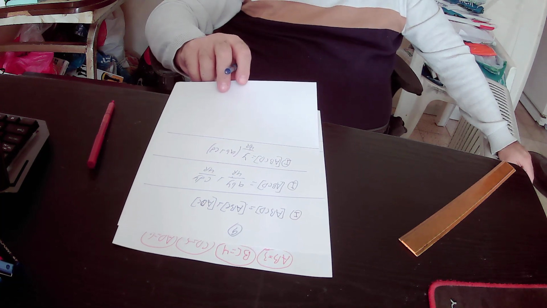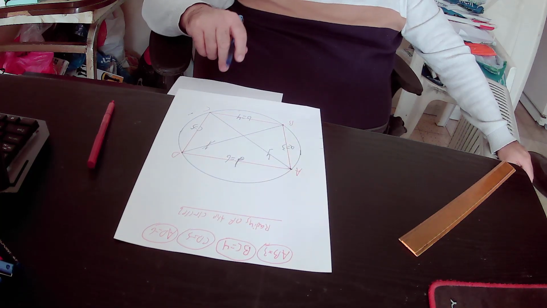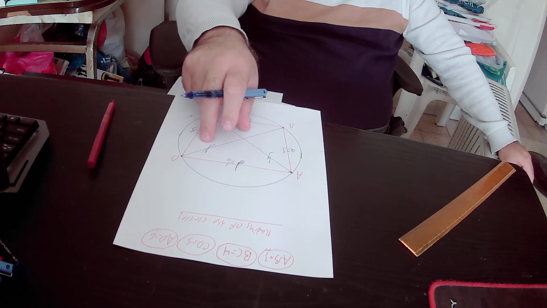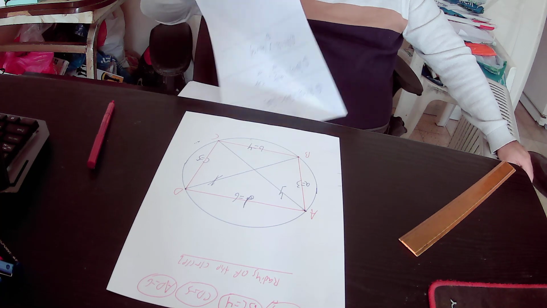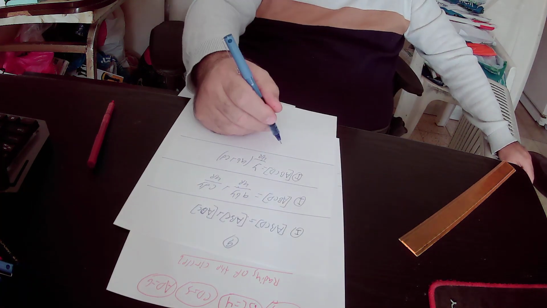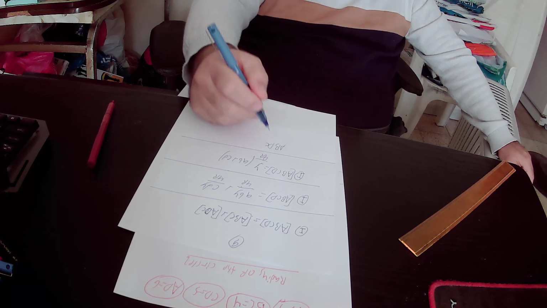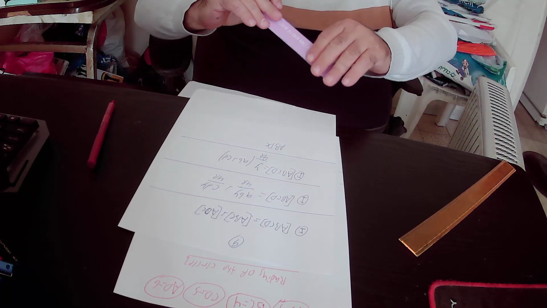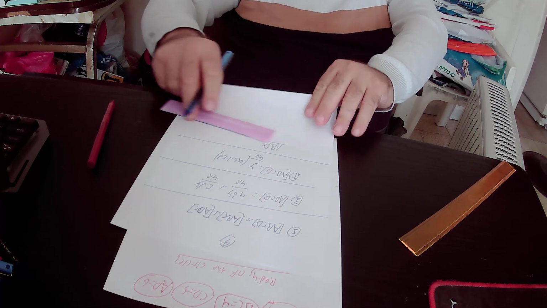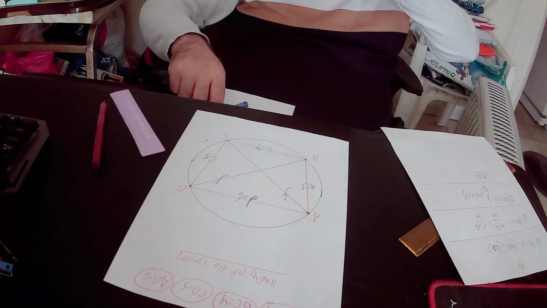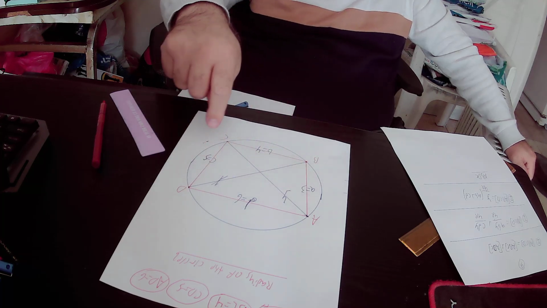Okay? So in the next step we will focus on this triangle BDC. As you can see from the drawing, this triangle BDC is inscribed by this blue circle.